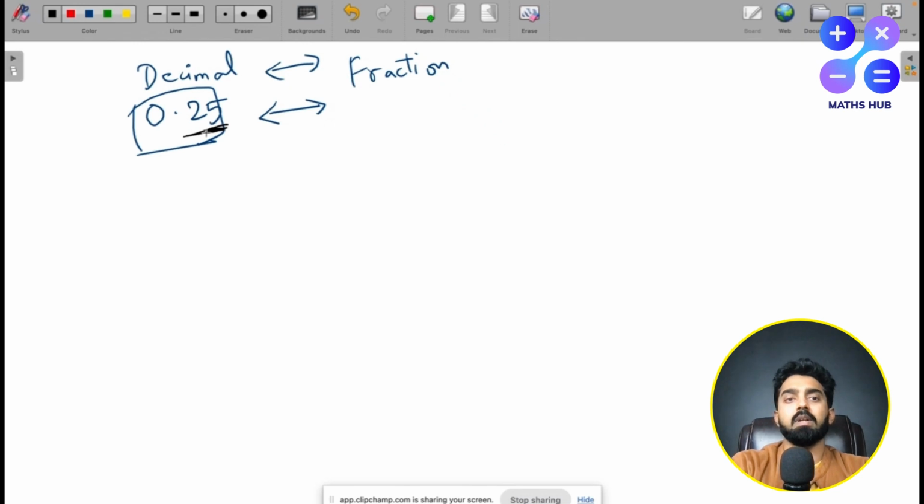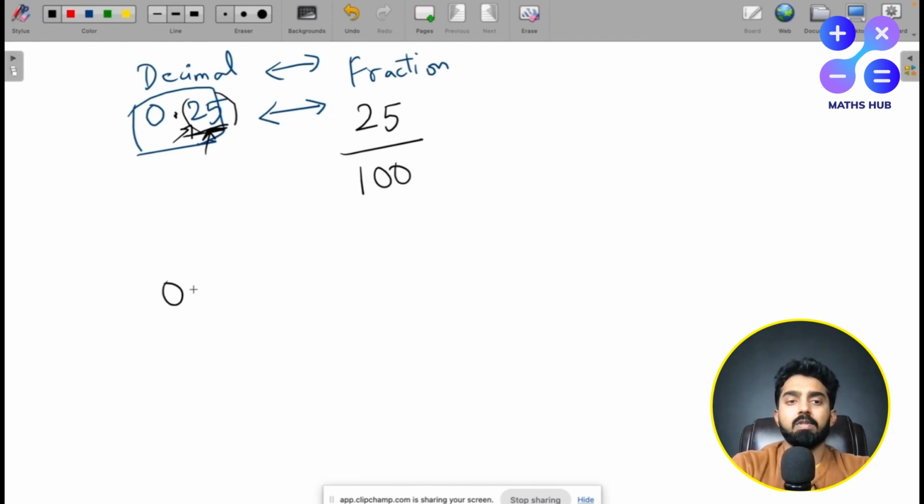So for example, this particular number has 25. So you write 25 in the numerator and you divide that by a 1 and as many zeros as there are decimals, right? After the decimal point there are two numbers, 1 and 2. So that's 2 zeros. So any decimal can be written in this fashion, correct?